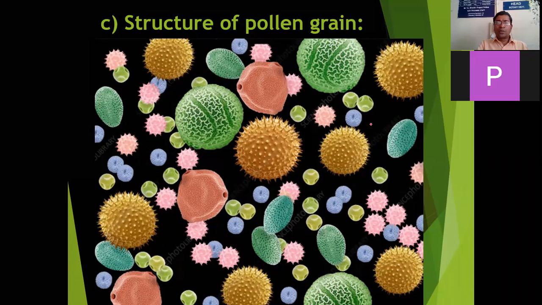You can see the ornamentation of the pollen grain, the size is very different, and the shape is also different. So you will observe the diversity of pollen grains in different plants.